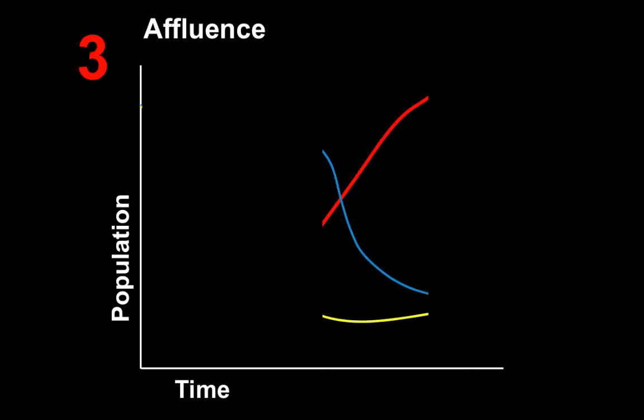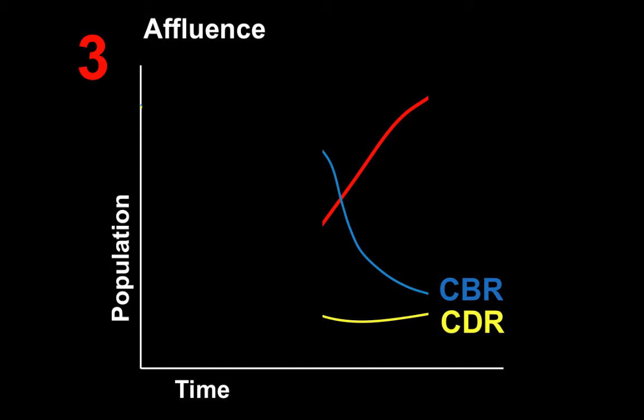Once we get into phase 3, the society has reached a relatively high level of affluence. This is like the United States at the moment. And what has happened is the birth rate has fallen as a result of affluence to meet the death rate.